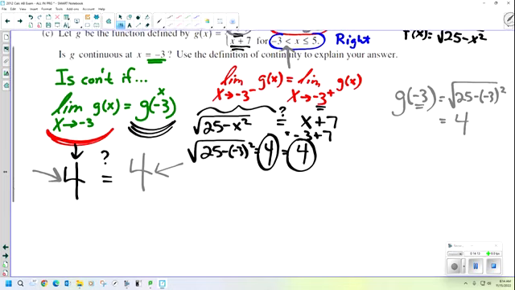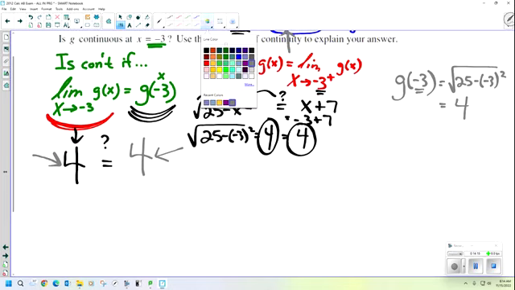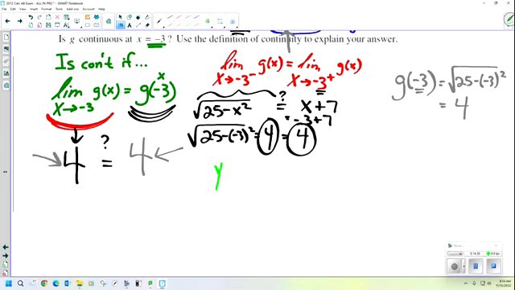First of all, let's answer the question, is it continuous? We'll go with this kind of bright green. Yes. G of x is continuous at x equals -3.